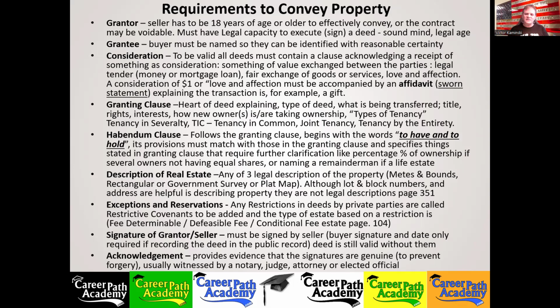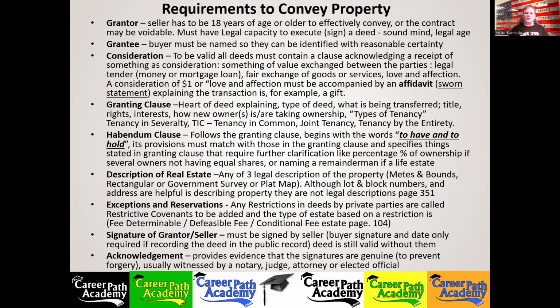You would need to specify in the habendum clause that there is a different percentage of ownership. Now, the habendum clause cannot contradict anything that is in the granting clause. It's only there to add things that would support as evidence further clarification, like the percentage of ownership.